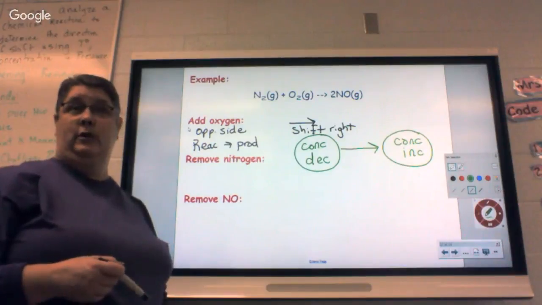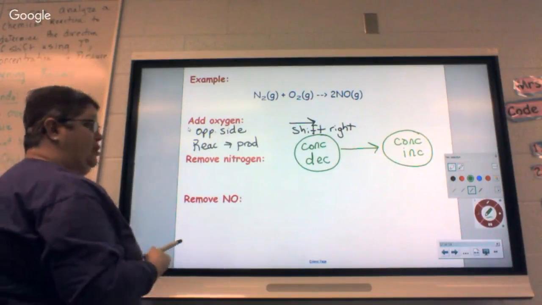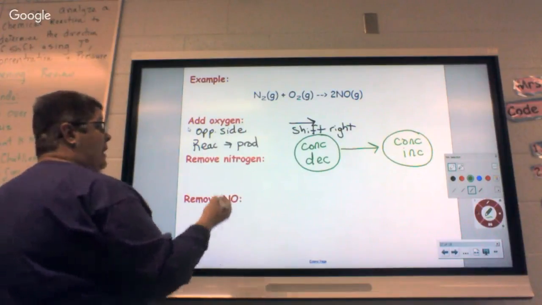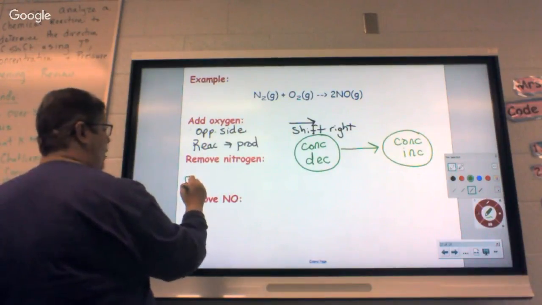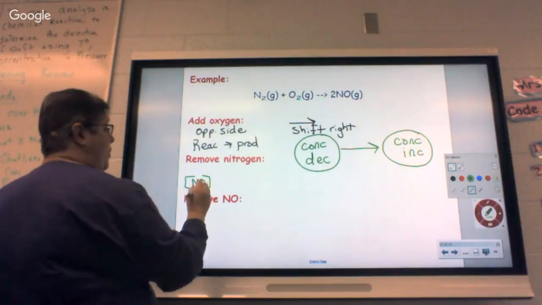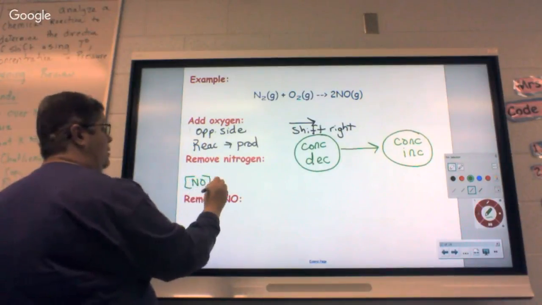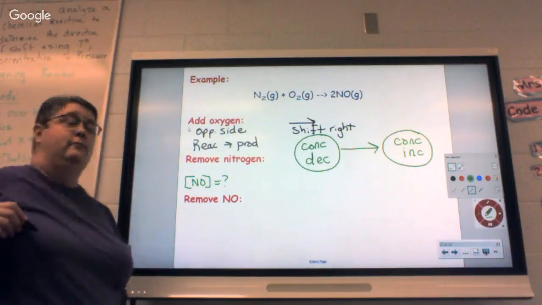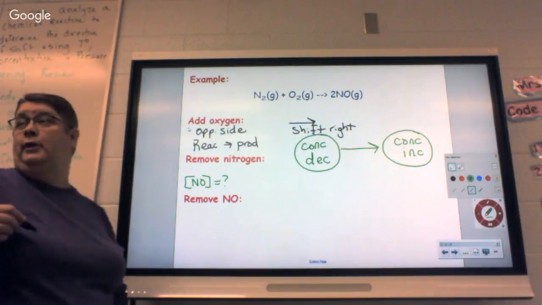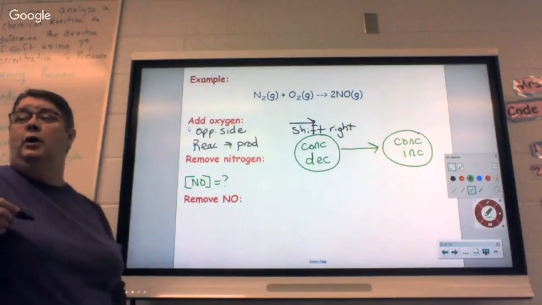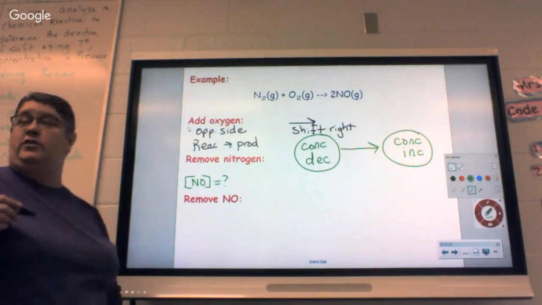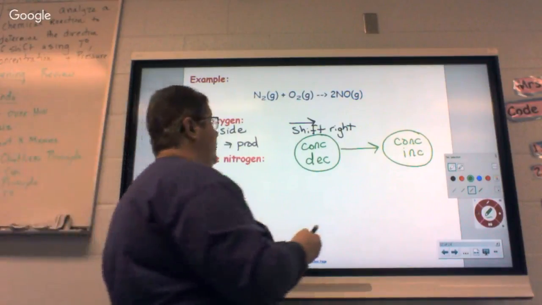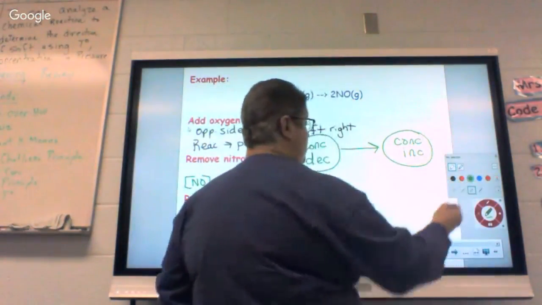Okay? So if I change this particular question, we remove nitrogen, and let's just say I ask what happens to the concentration. Remember, brackets are concentration. So let's say I'm asking for the concentration of NO. What's the rule?